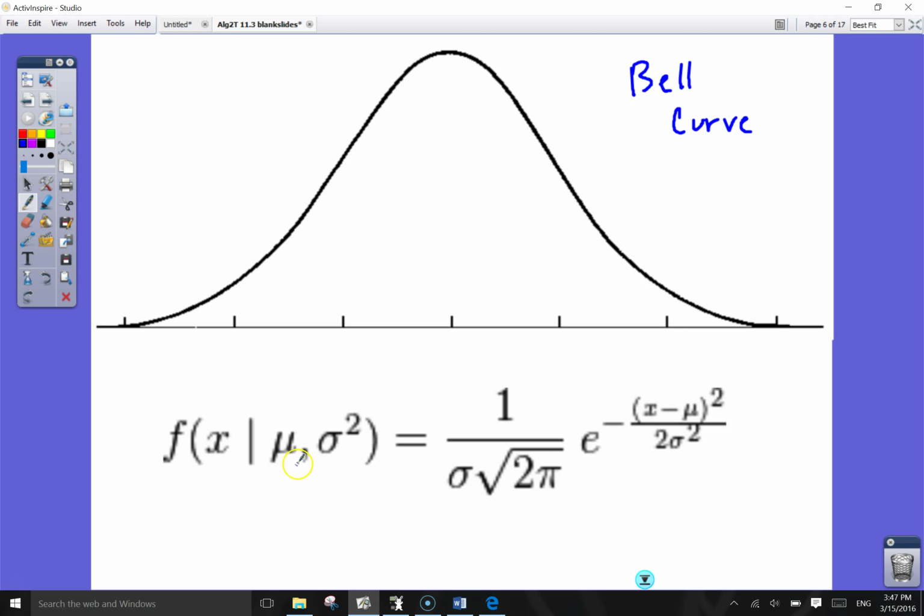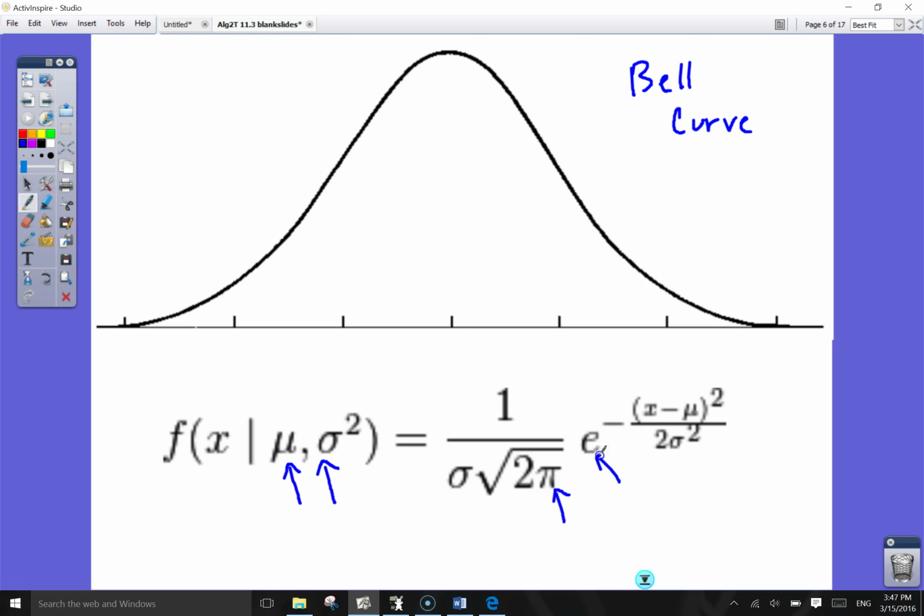You can see the two independent variables that you plug into this are the mean and the standard deviation, right? Both things that we studied in the last lesson. And you can see there's a couple other things that we're familiar with. It's got pi in it. We know that.